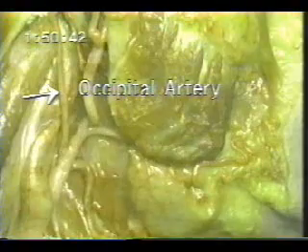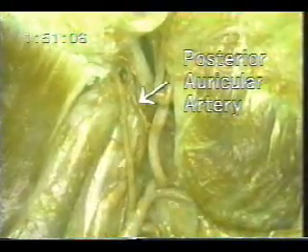Here, arising posteriorly, is the occipital artery. The occipital artery runs steeply upwards, then passes deep to the digastric and splenius muscles. It re-emerges here and runs upwards, branching to supply the posterior part of the scalp. Also arising posteriorly, up here, is the smaller posterior auricular artery.